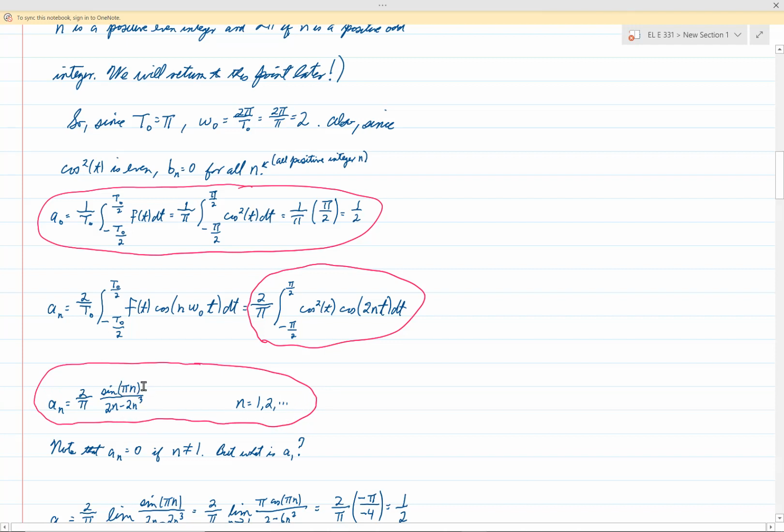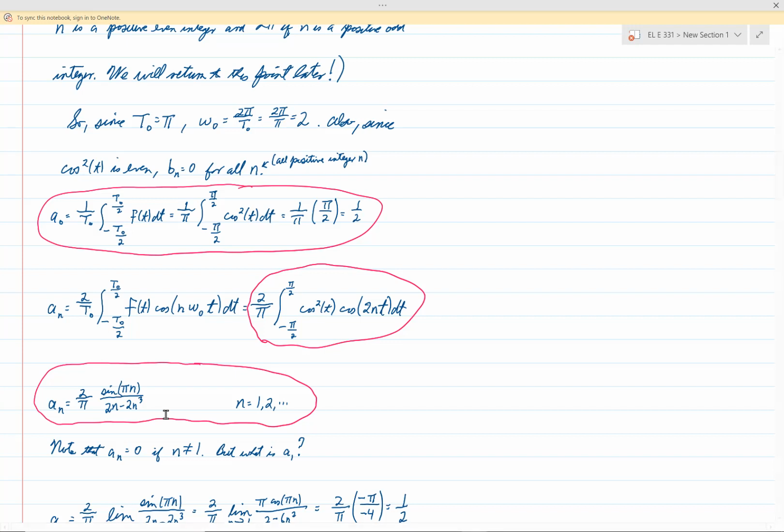In fact, sine of pi n is also equal to 0 for negative integers or for 0, but right now we're interested in positive integers, so let's just restrict our attention to that. But anyway, sine of pi n in the numerator is equal to 0 for every single n under consideration, and so you might be tempted to immediately conclude that all of these a n's are zeros, and so that part of the summation just drops out.